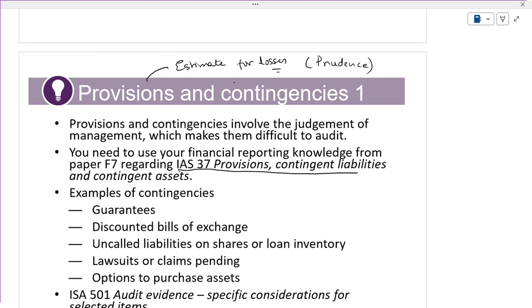Provisions and contingencies involve the judgment of management, which makes them difficult to audit. You are making your own judgment with your own assumptions. Definitely, it will be difficult.